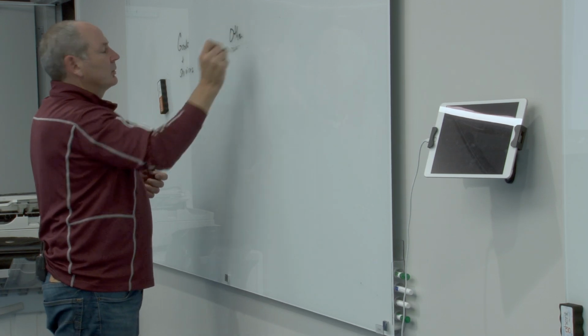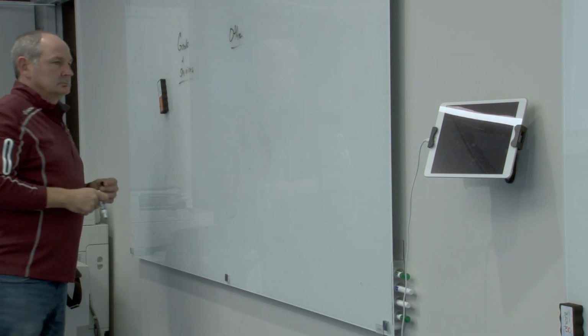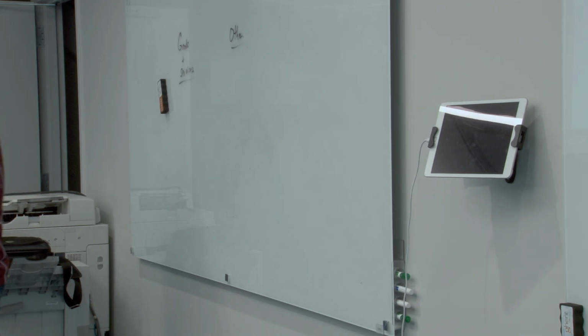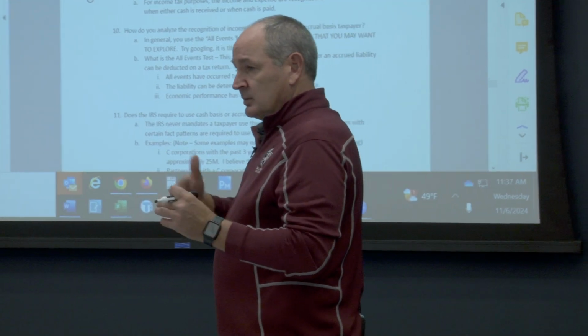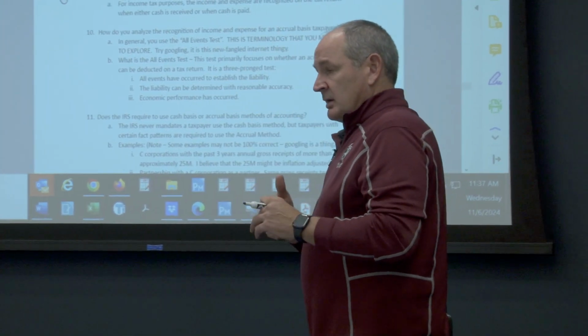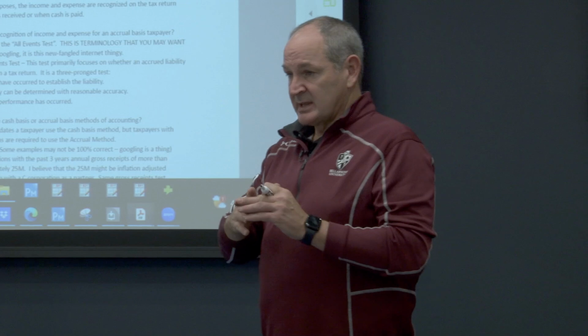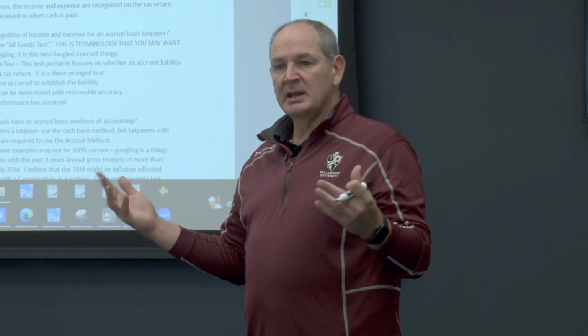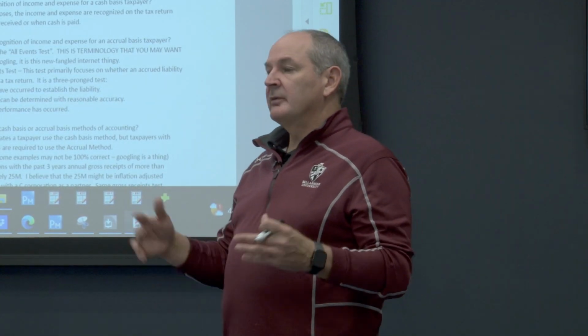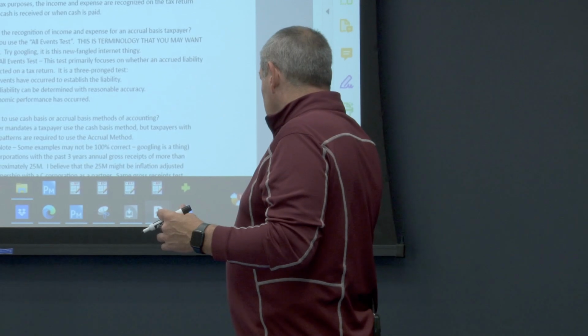I don't have a better word. Okay? So, question 1, have all events occurred to establish the liability? Have I performed the service? Have you and I interacted with each other in a manner that sets that liability? Does anything else need to happen? That's a good way of saying it. Does anything else need to happen? If nothing else needs to happen, the all events test portion has been met.